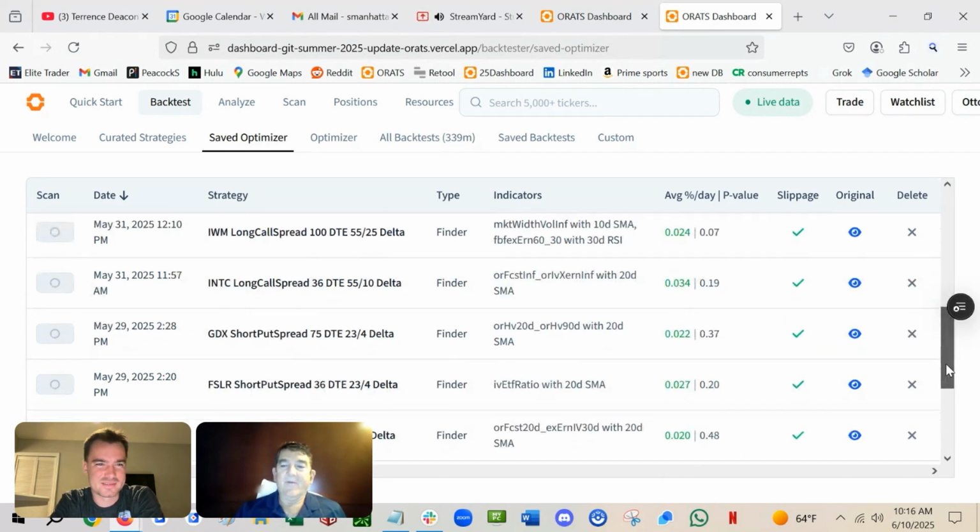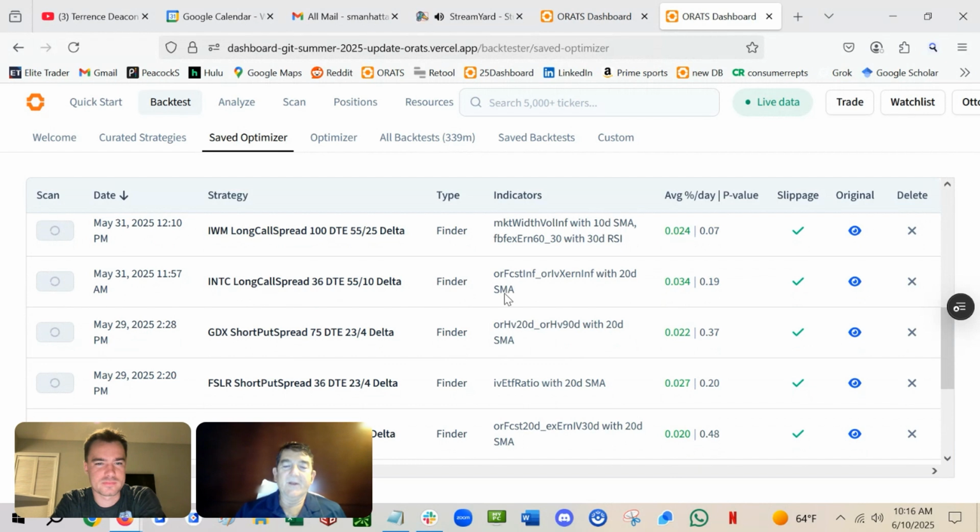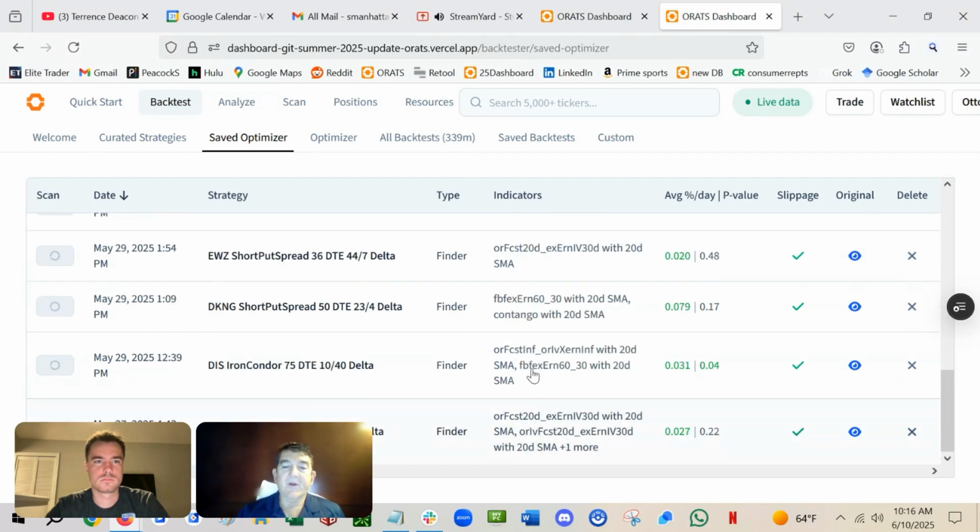One of the things the new dashboard does is find indicators that have statistical significance, and I'm finding many of the indicators are these forecasts that we talked about. This is one of the reasons I wanted to do a show, because I'm finding that our optimizer is working well on certain backtests.